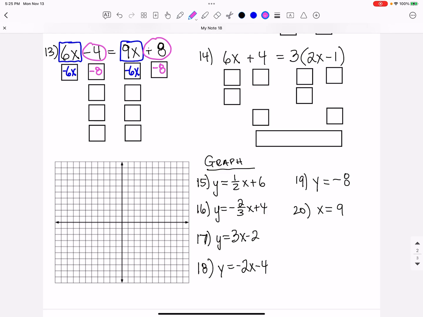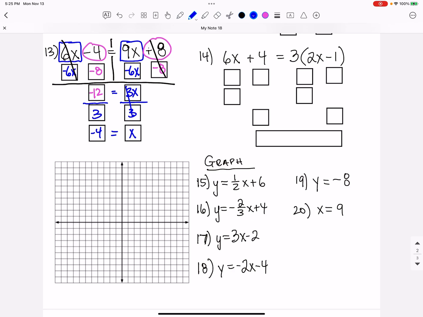Okay, so negative 12 equals 3x. We're going to divide by 3. X equals negative 4.